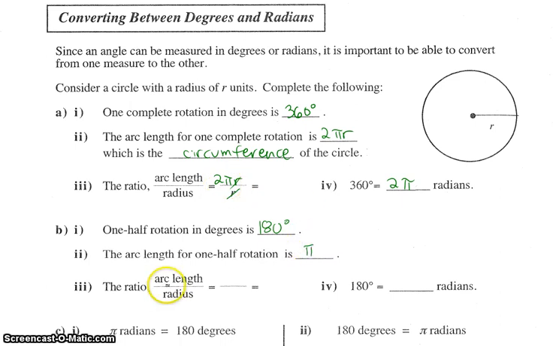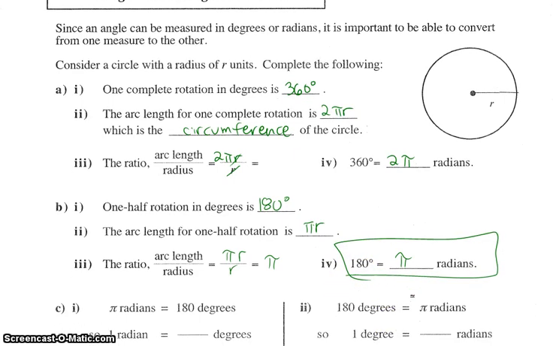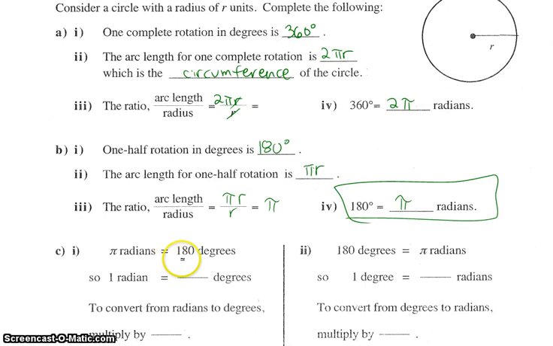Looking at that arc length, pi times r for half a rotation, over r, again we have pi. So in other words, 180 degrees is equal to pi radians. Well, that right there is our most important conversion, which they give down here as well.